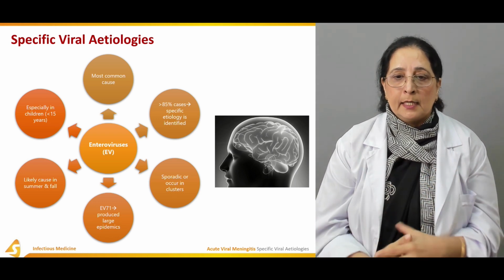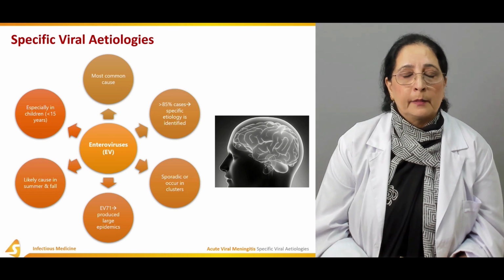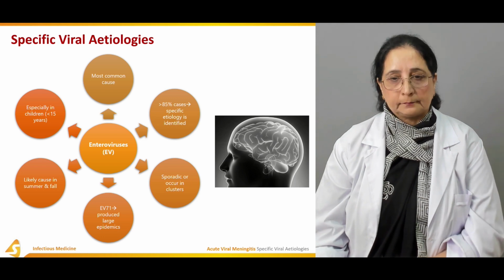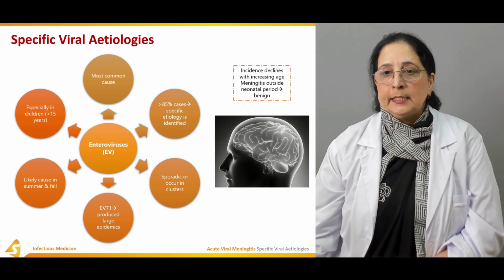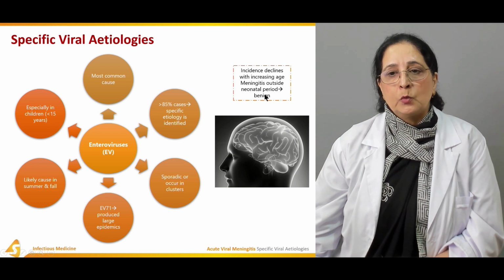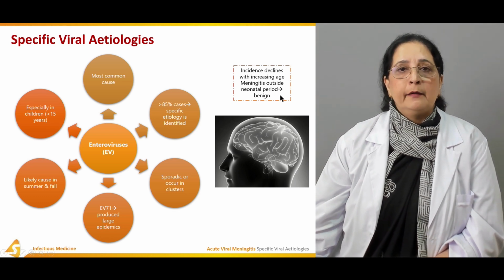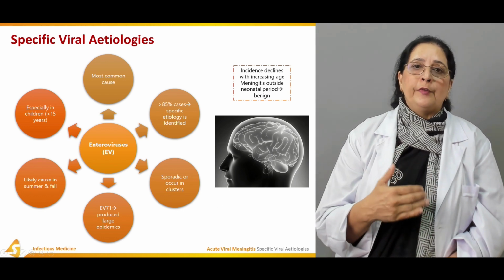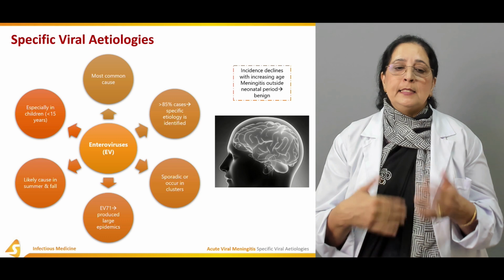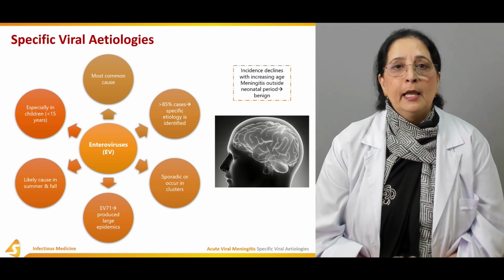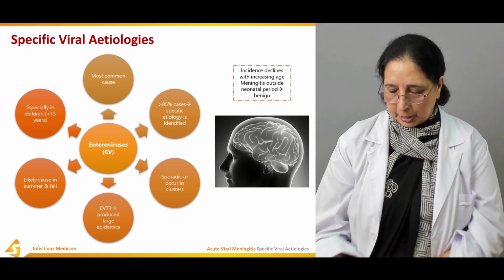It occurs in a big area or population. Incidence declines with increasing age. Meningitis outside the neonatal period is usually benign. So it's more common in children below 15 years of age. As the age increases, there is less likelihood of getting enterovirus meningitis.